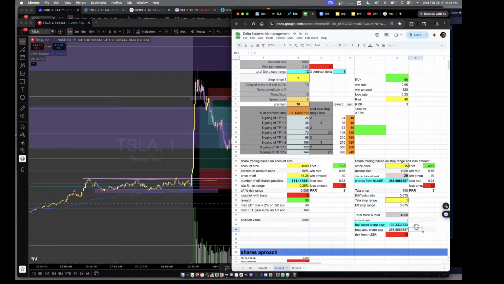I wonder if I could get that higher. I don't think so because my account won't allow it. If my account was 8,000, then yeah. So right now, for the most part, my usual stops will cost $10.